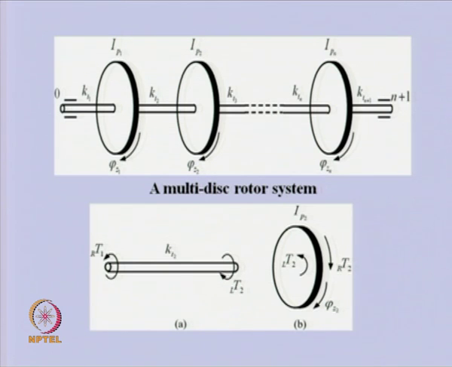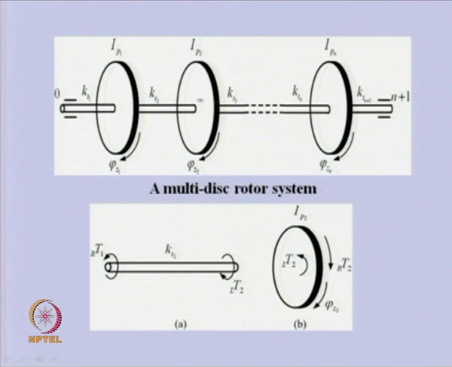So, here we have a rotor which is having a large number of discs. You can see here that discontinuity is there. So, that means we can take any number of discs, let us say n discs.